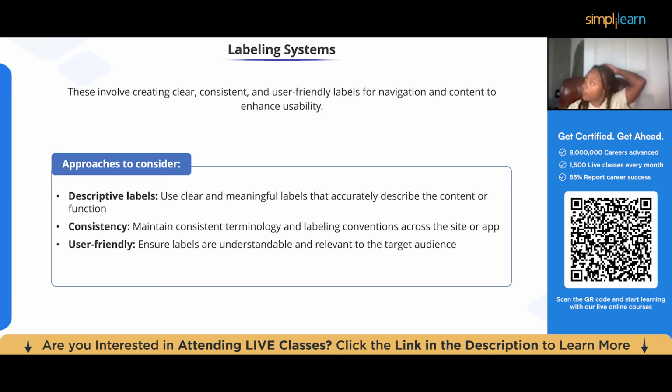For example, say you have things grouped under blue, red, and green, and everything grouped under blue starts with a B, everything grouped under red starts with an R, everything grouped under G starts with a G. It's applying that same rhyme and reason, making sure that you're using the same naming systems from page to page throughout your content on specific platforms, just so your user is able to follow.